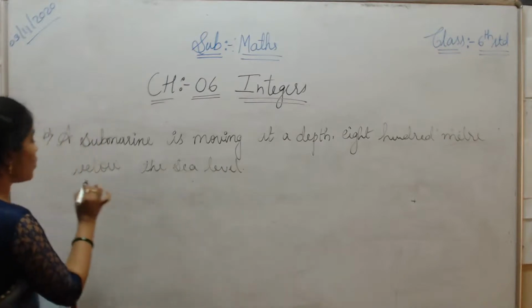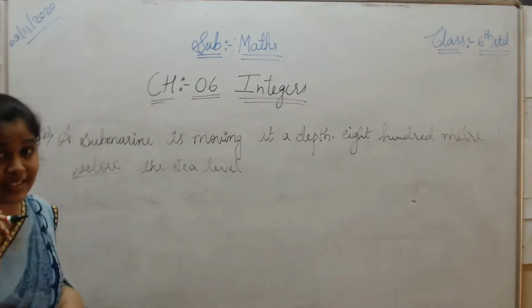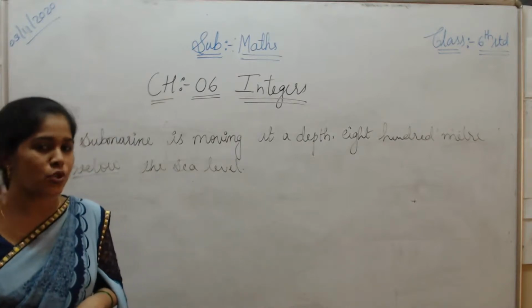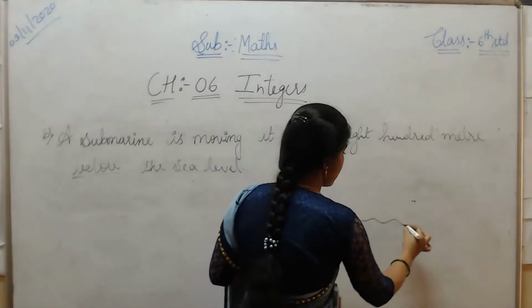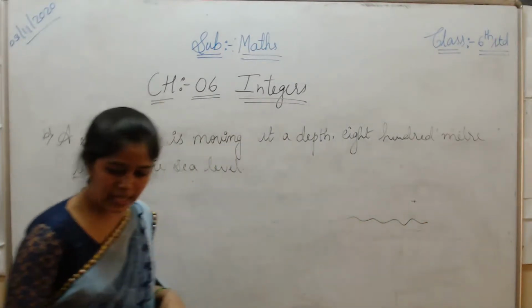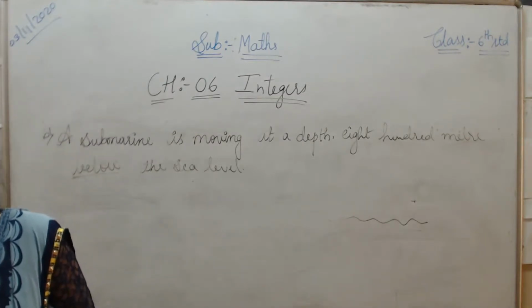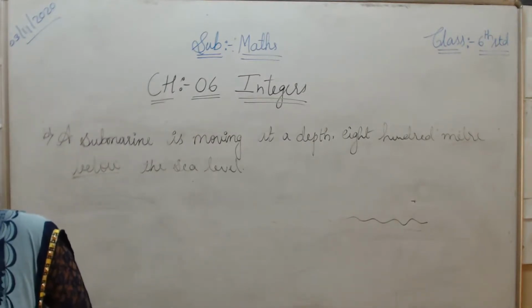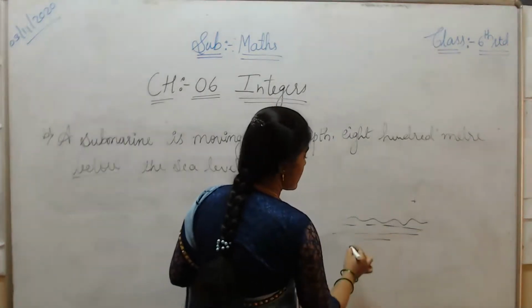Yes, here only this word is enough for deciding the sign. Above means positive numbers, below means negative numbers. So here this is the sea level, and on the water is the submarine.